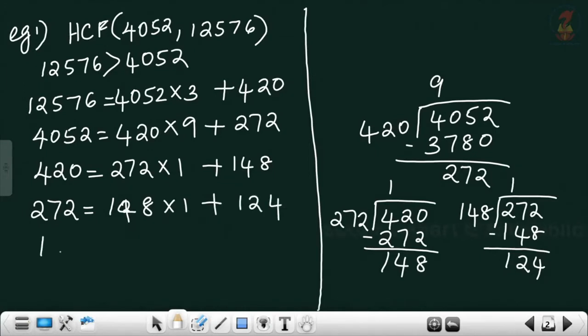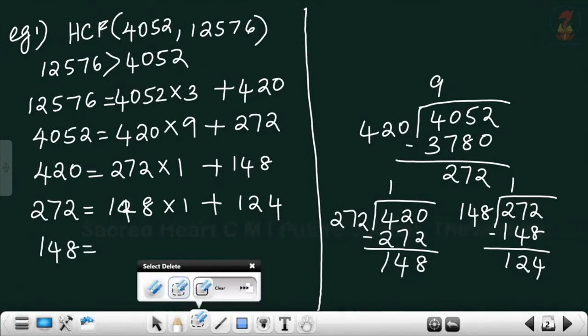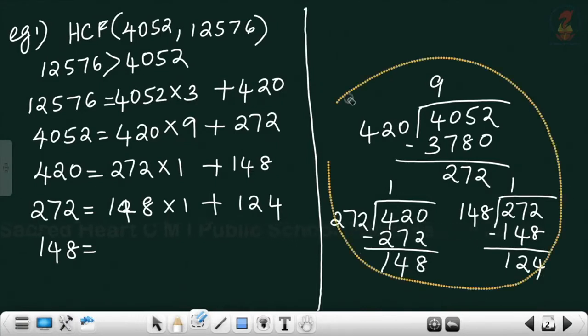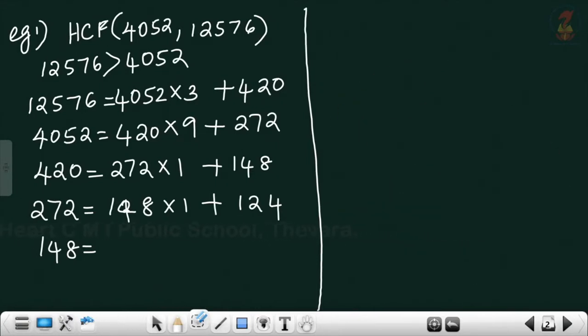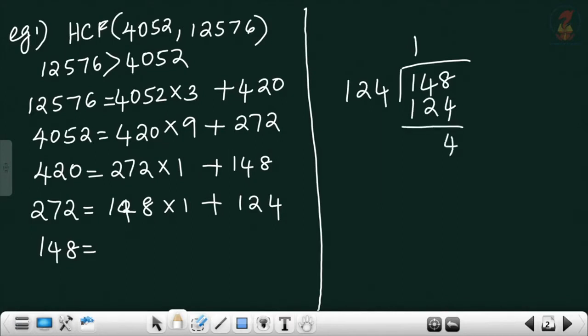Then write 148 in terms of 124. 148 divided by 124, one time 124, remainder 24. So, you can write this as 124 into 1 plus 24.